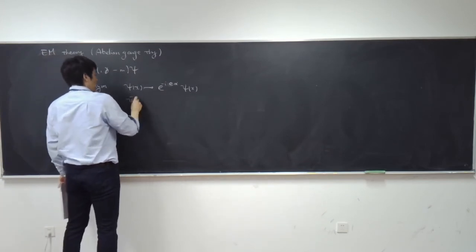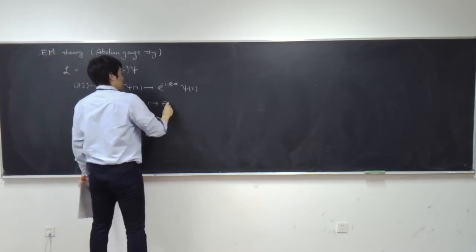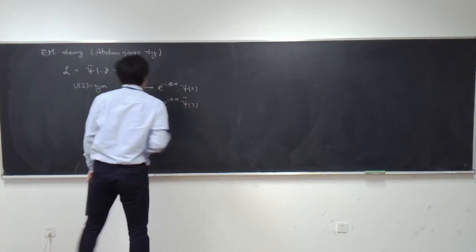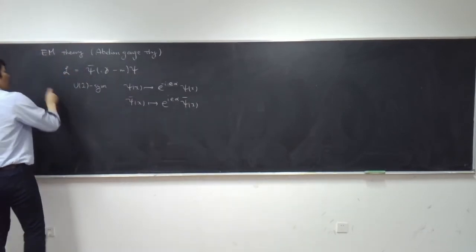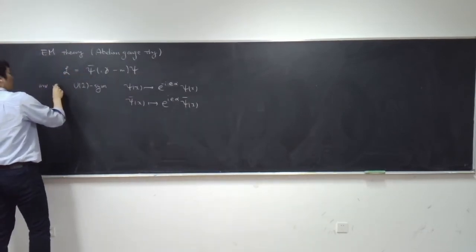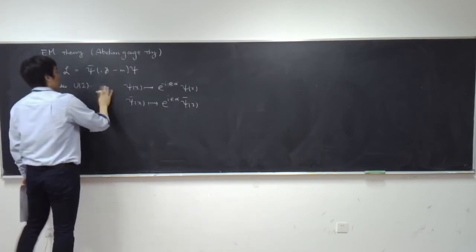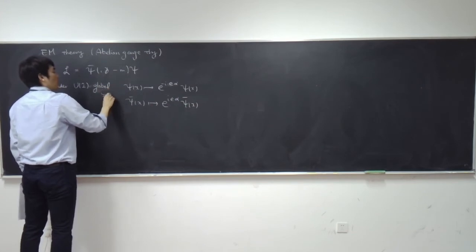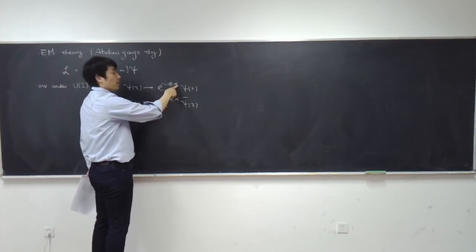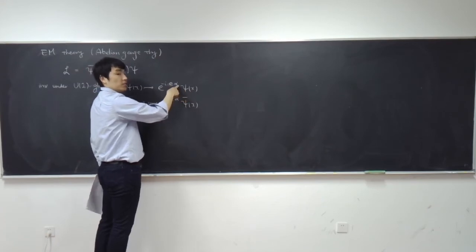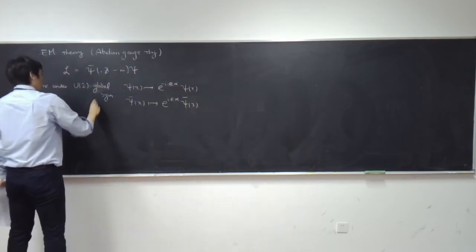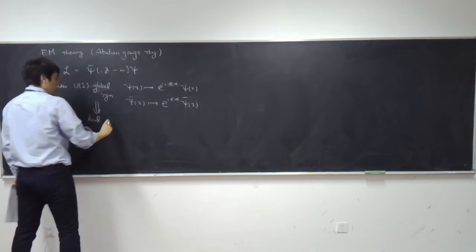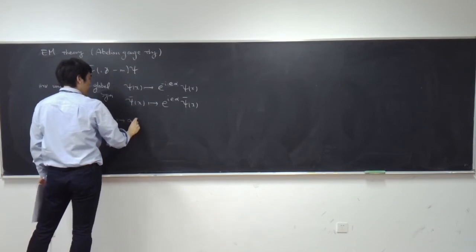So psi bar is of course with e to the minus i e alpha of x, and it's invariant under the U(1), so-called global. Global means that the alpha is independent of position x. And you can make it local by just alpha going to alpha of x.